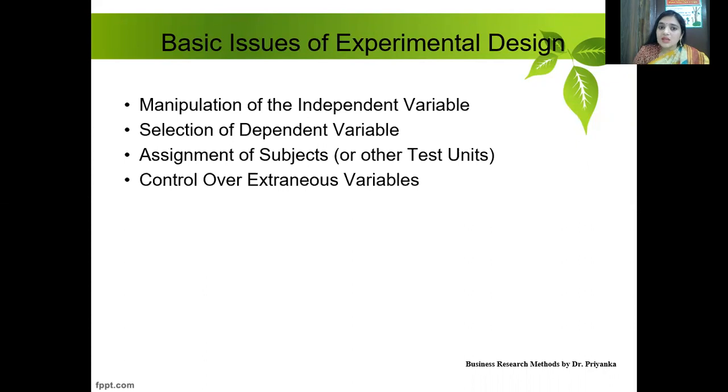These are called extraneous variables, so we control them with the help of some techniques, or we try to avoid their contribution. It cannot be removed 100%, but it can be minimized to the maximum.